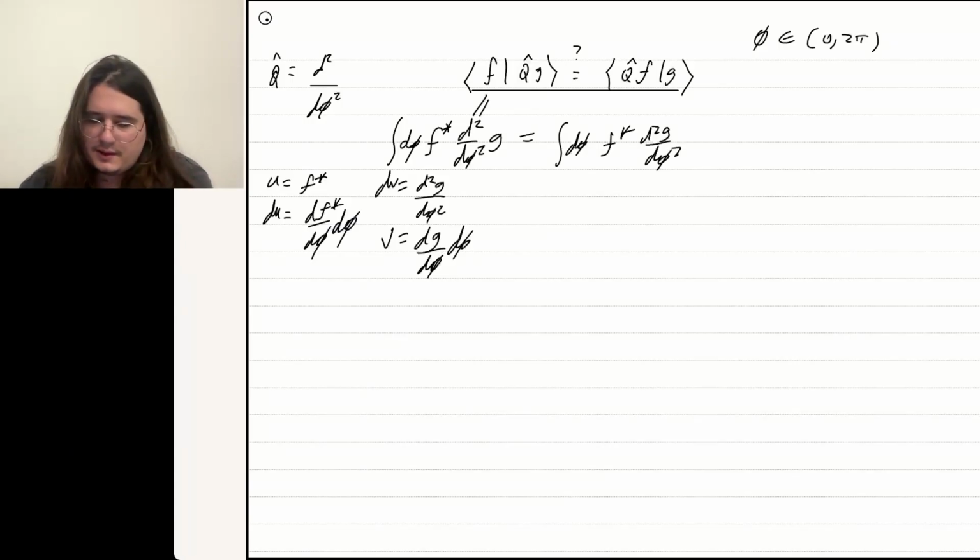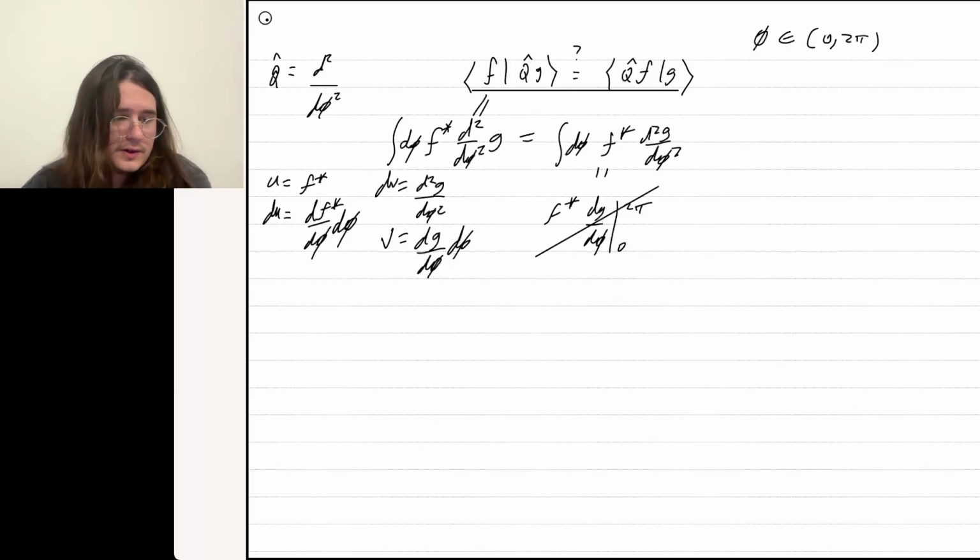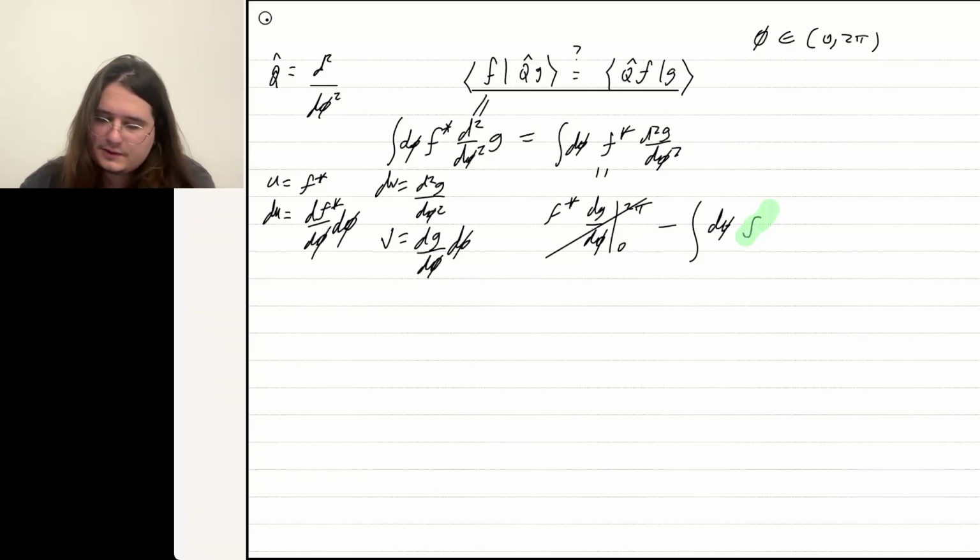Plugging that into the expression, the integral becomes uv, so f star dg d phi evaluated from 0 to 2 pi, which goes to 0 because f and g both have to be normalizable functions. Then minus the integral of v du, which is df star d phi dg d phi.